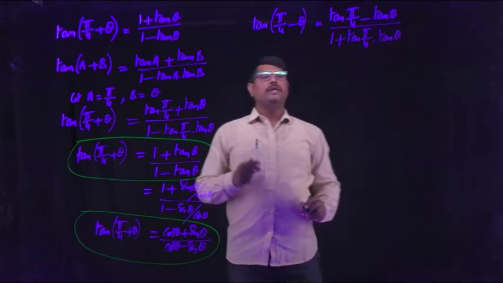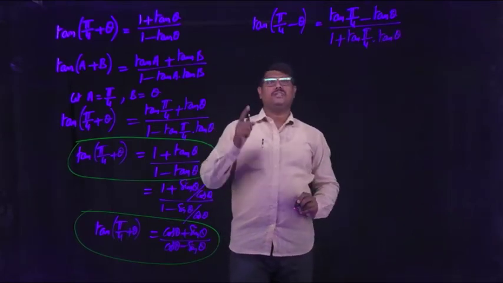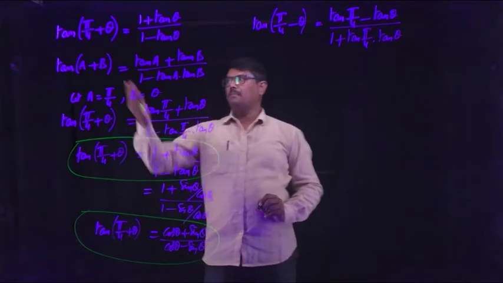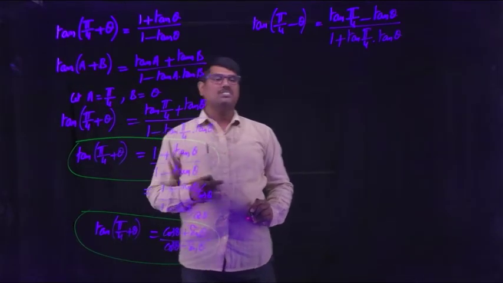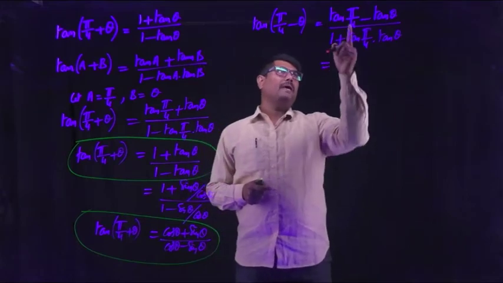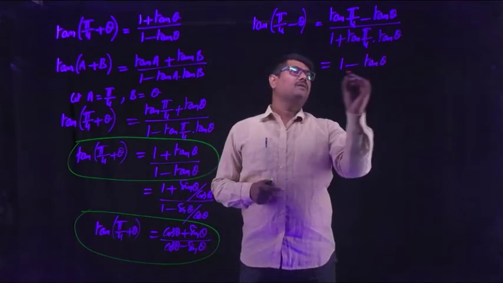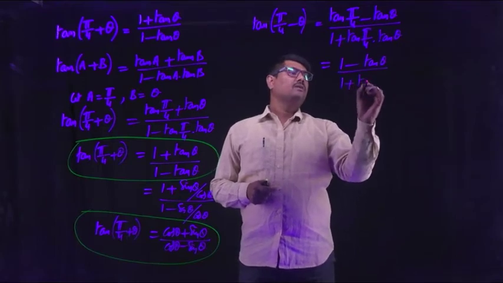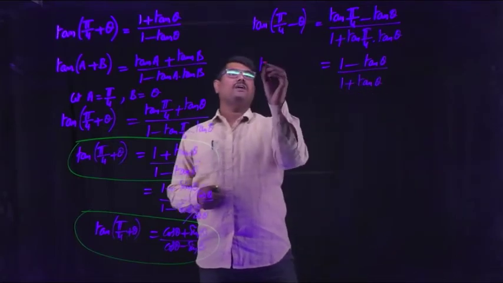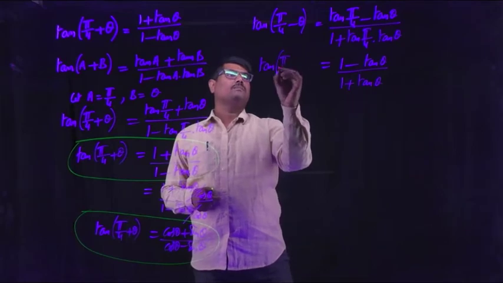Now we find the value of tan pi by 4 minus theta in the same manner as tan pi by 4 plus theta. Again, tan pi by 4 is 1, so it becomes 1 minus tan theta by 1 plus tan theta. This is one of the formats for tan pi by 4 minus theta.